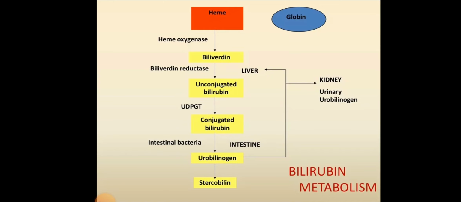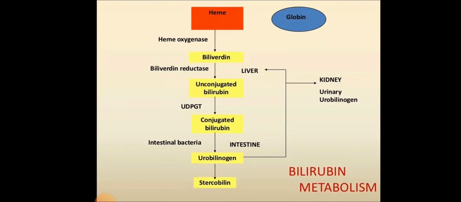But 10 to 15% of these compounds are reabsorbed into the blood, and some part of that reaches the liver, and this is known as the enterohepatic circulation. A few percent of the reabsorbed compounds reach the kidney and are excreted in the urine in the form of urobilin.